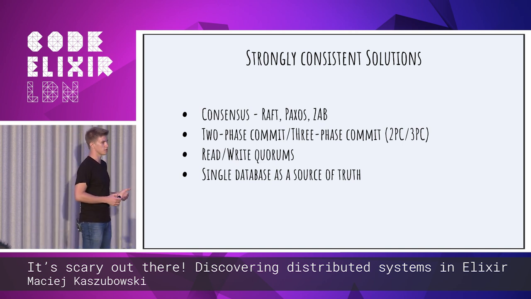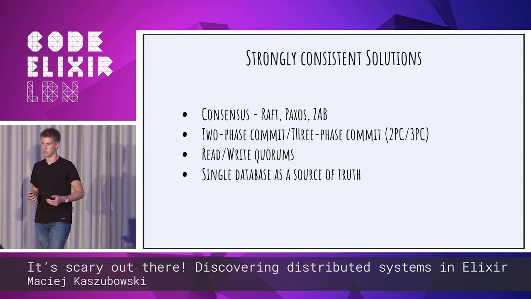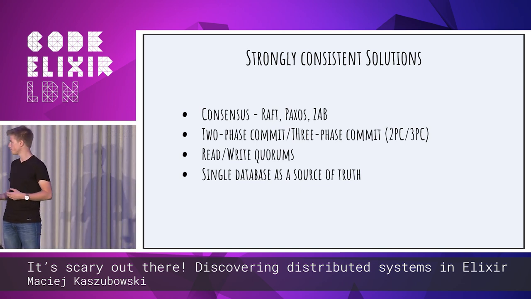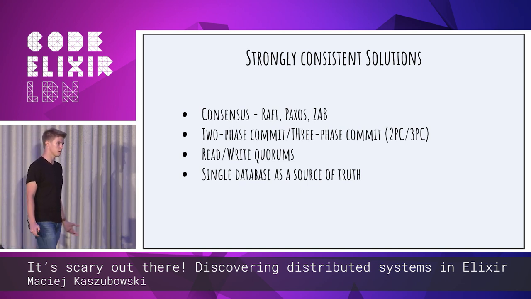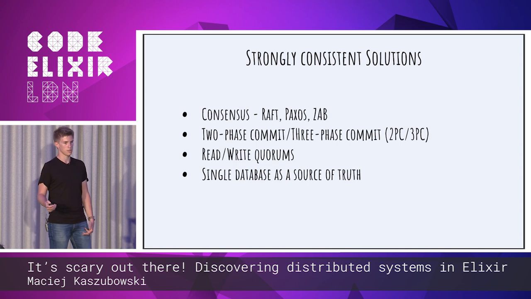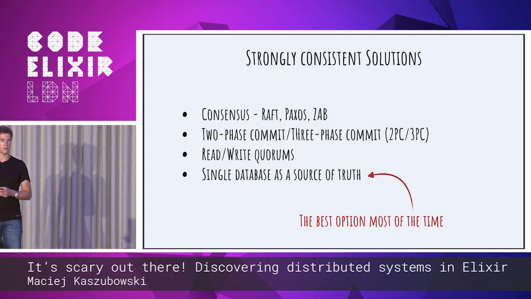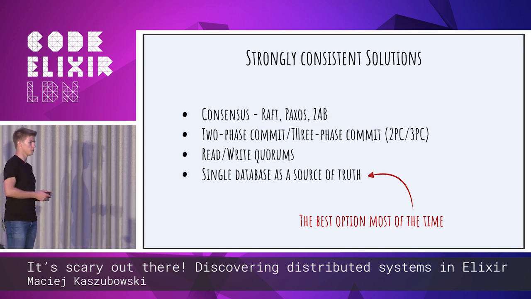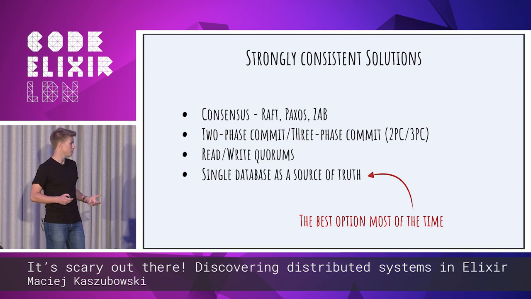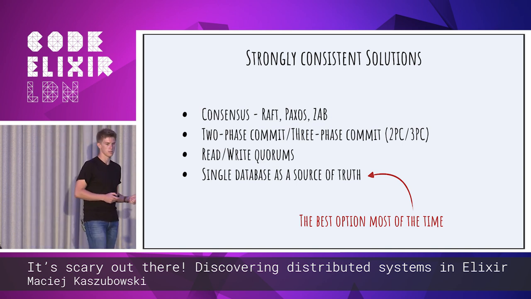So there's 2PC and 3PC. You may use quorums for reading and writing. But most of the time when you are using Erlang and you want a consistent view of the world, it's best to use just a single database. And I would recommend that if you are not sure, if you don't know better, just use a database and be sure that the view of the world is consistent.